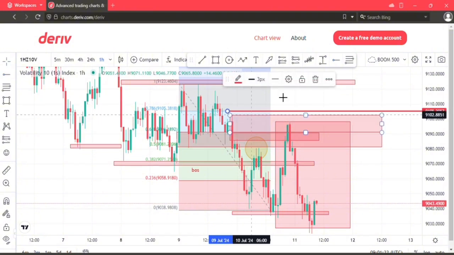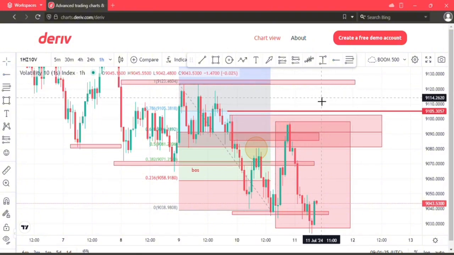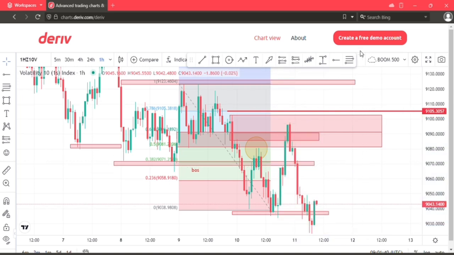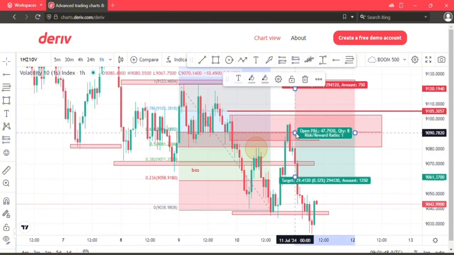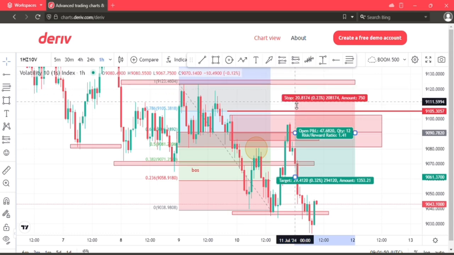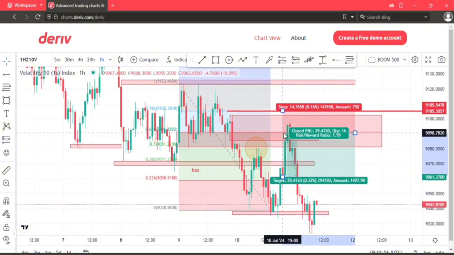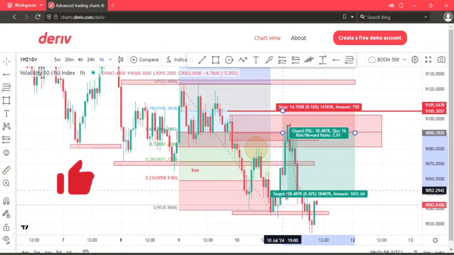Enter from our 0.18 Fibonacci retracement right here, with the stop loss above, and you take profit at the last lower low right here.